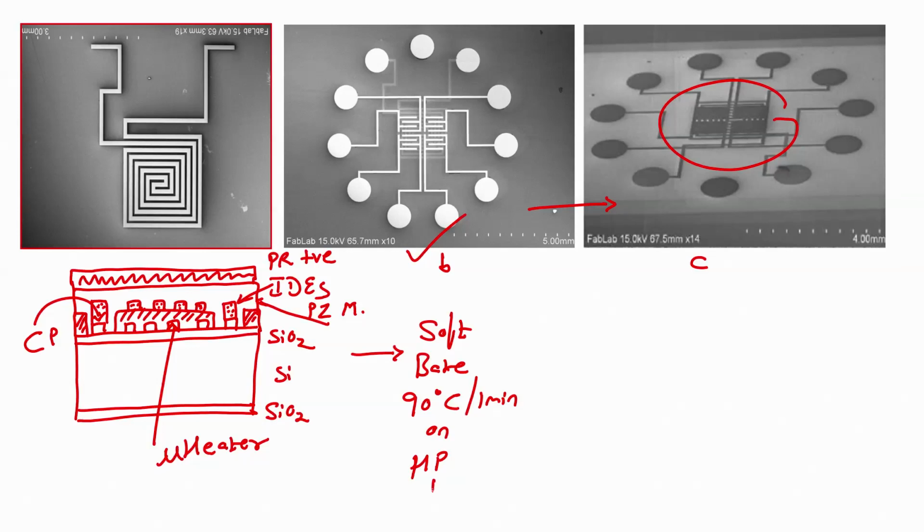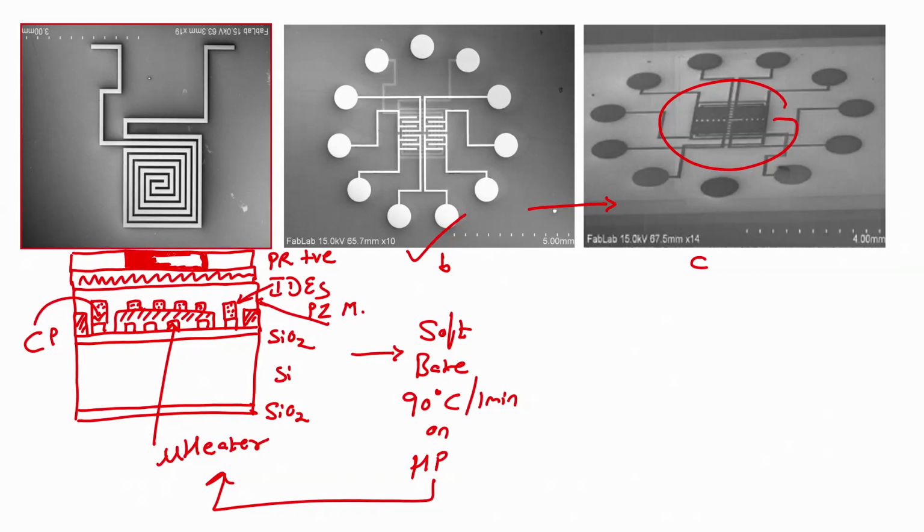After soft baking, I am coming back to this particular schematic. After soft baking, we have to load the mask, such that I can save my piezoresistive material on the interdigitated electrodes, right.